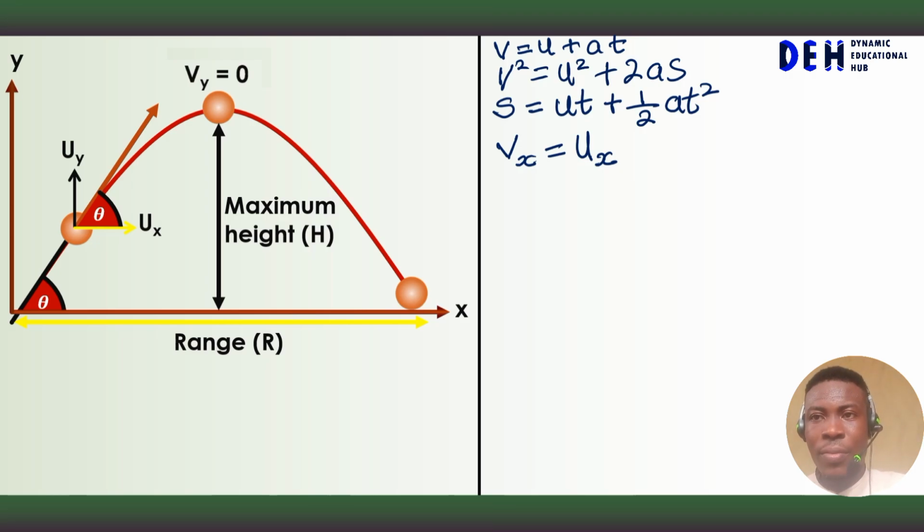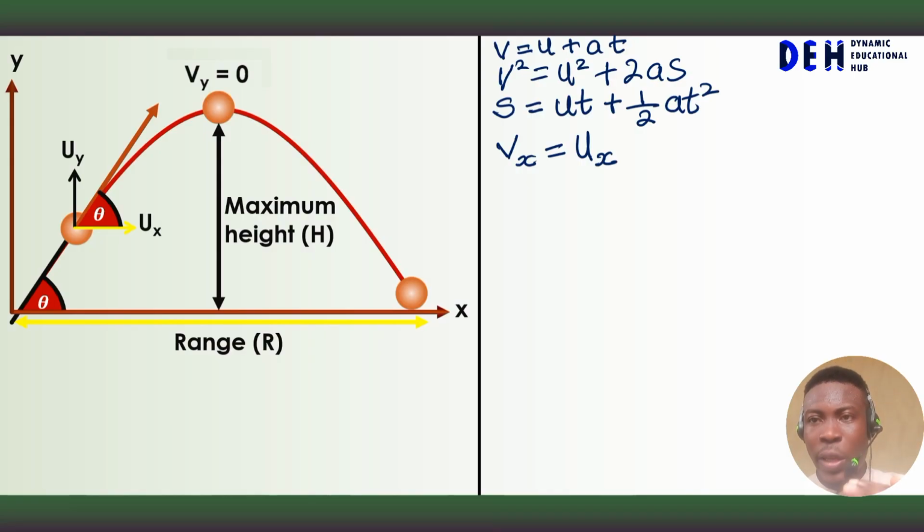In projectile motion, when an object is projected, the object will have a uniform initial horizontal component of the velocity. So the velocity that is responsible for horizontal displacement will be constant throughout the entire flight until the object has completed its flight.